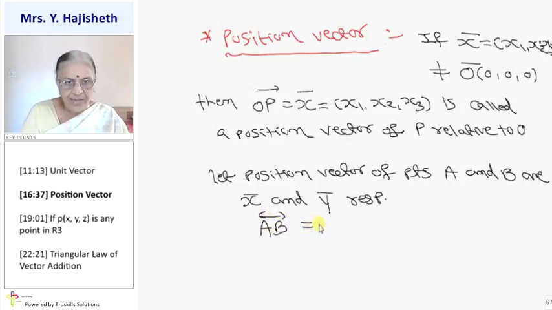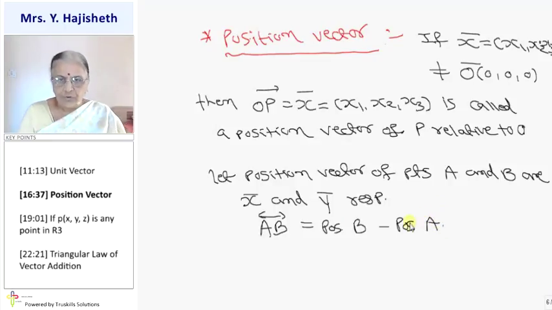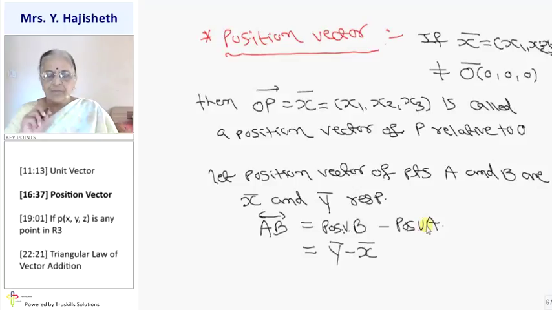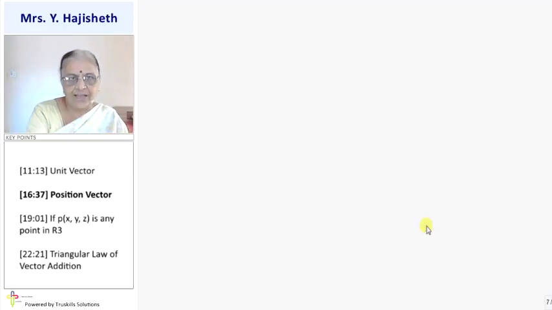Vector AB is defined as position vector of B minus position vector of A. Position vector of final point minus position vector of initial point. So it is vector y minus vector x. Clear? Are you clear?